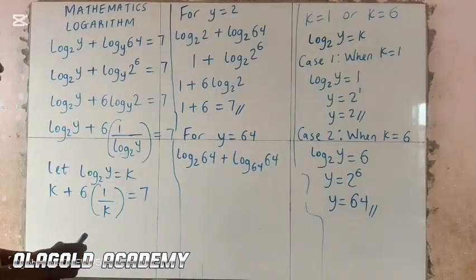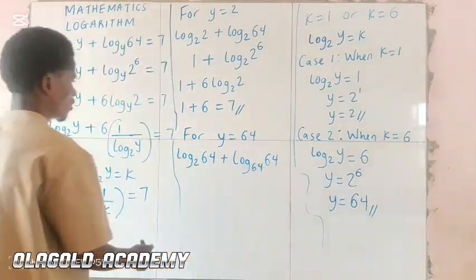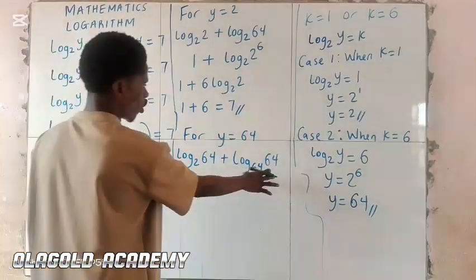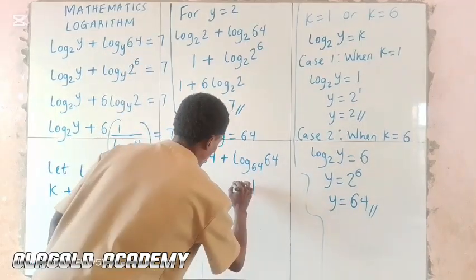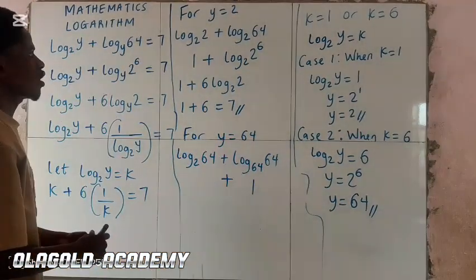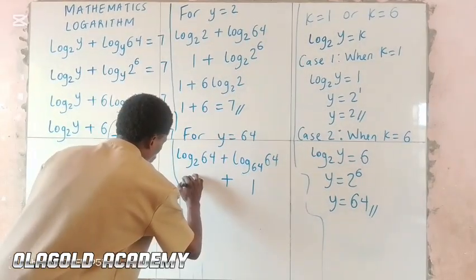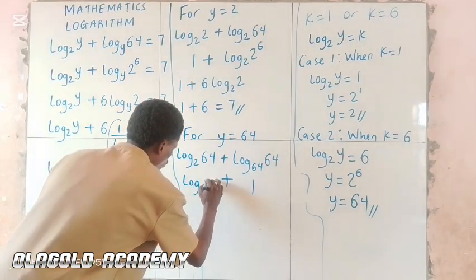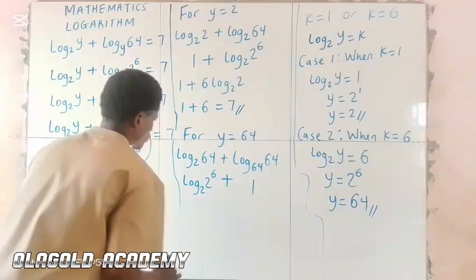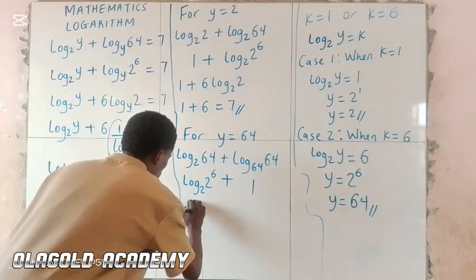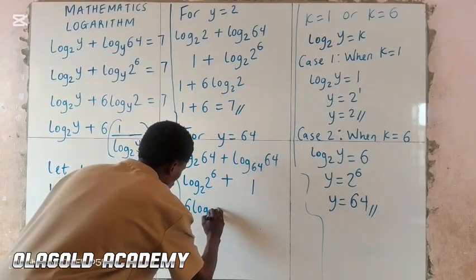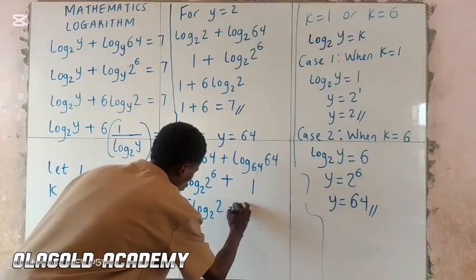I have this. My next task, this one will become 1. So it will become 1 plus, and what happened here also takes place here. I'm going to have log 2 of 2 raised to power 6. So it will become 6 log 2 of 2 plus 1.